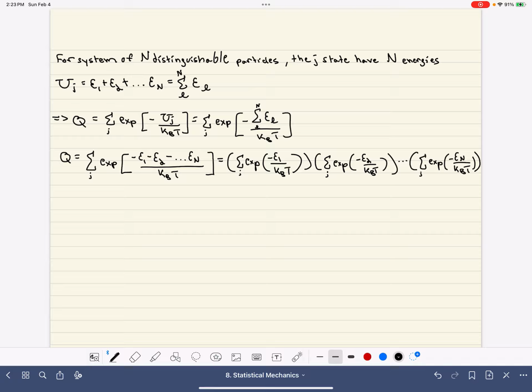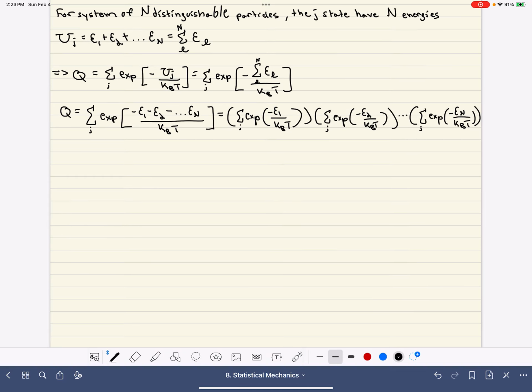We could write this product of exponentials in a more compact form like this. Q is equal to the summation of the exponential of negative epsilon j over kBT, all of that raised to the n.